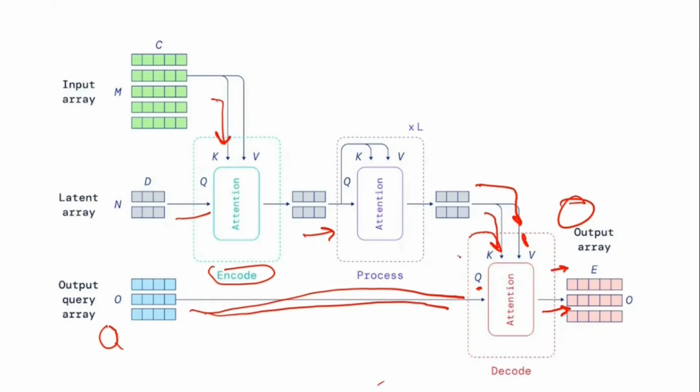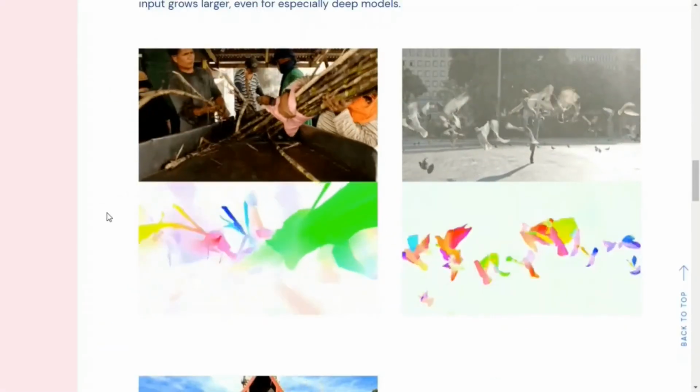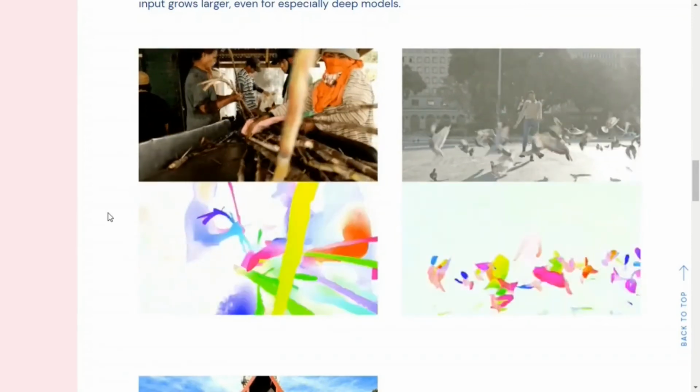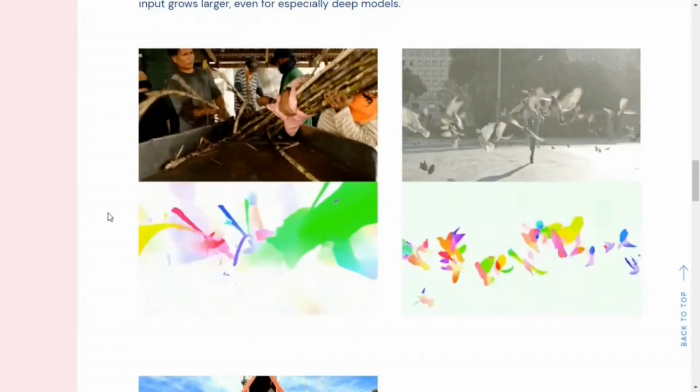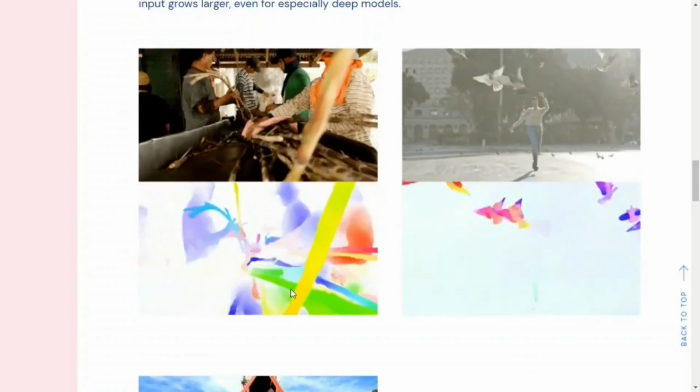Now, as you can see, the Perceiver IO paper provides state-of-the-art architectures on the challenging task of optical flow estimation, or tracking the motion of the pixels of the images. The color of the pixels shows the direction and the speed of the motion estimated by Perceiver IO.